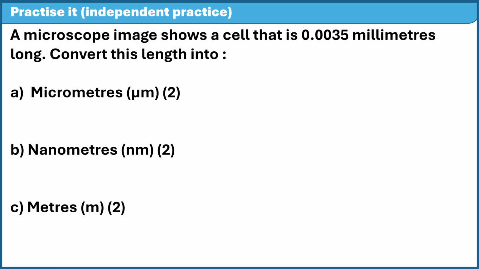Identify the direction of conversion, then multiply or divide as needed using your visual aid or the acronym MISS-DIL. Include the correct unit in your final answer. When you're ready, pause the video and take a moment to work through each part carefully. Check your units as you go and press play when you're ready to see the answers.